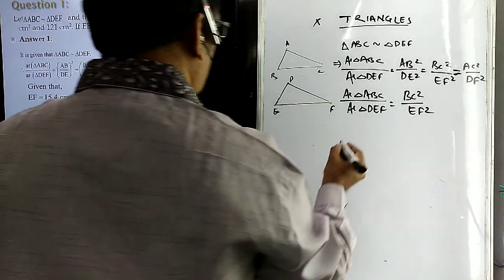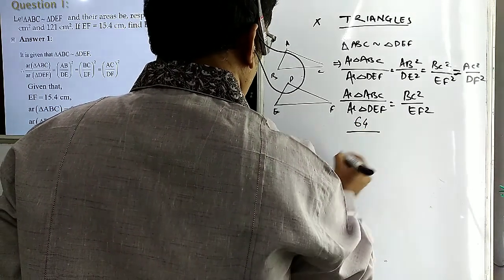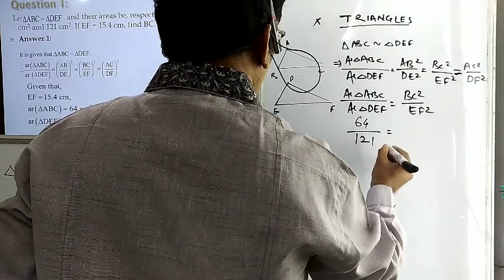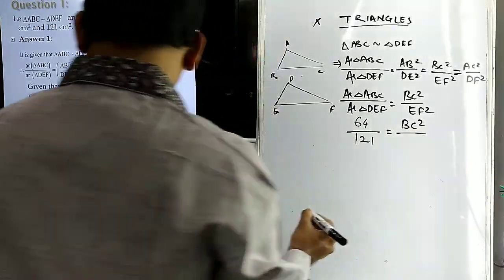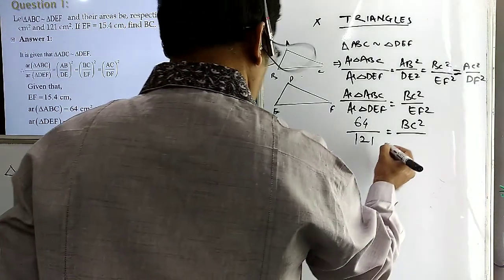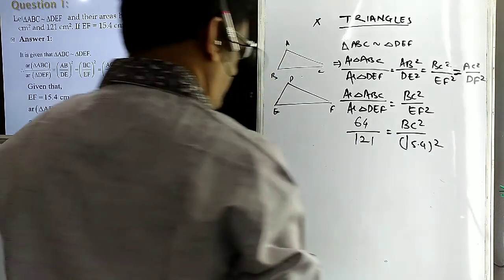Area of triangle ABC is 64 square centimeter, area of triangle DEF is 121 square centimeter, BC square is not given, and EF is 15.4 centimeter.